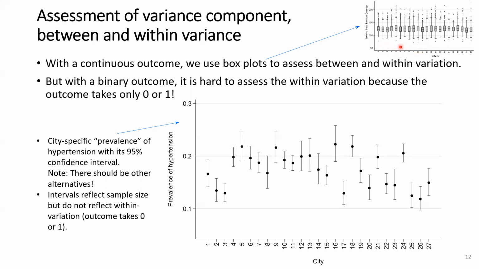By looking at how the median fluctuates over city, we were able to assess between city variability. And by looking at this spread, we were able to see variability within city.